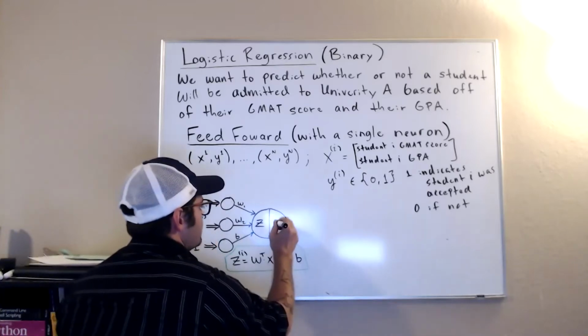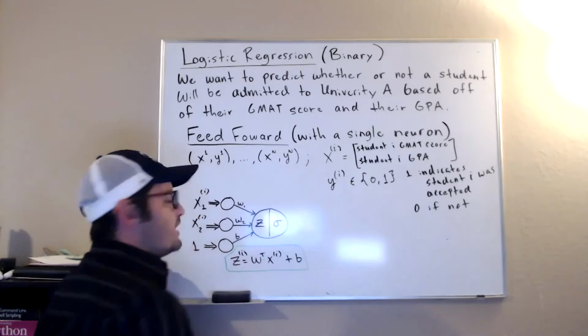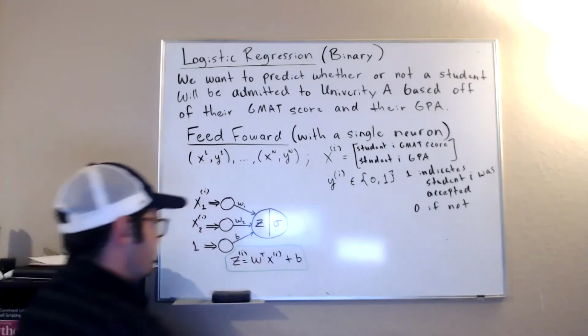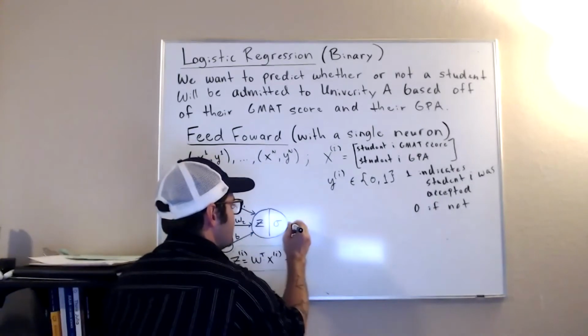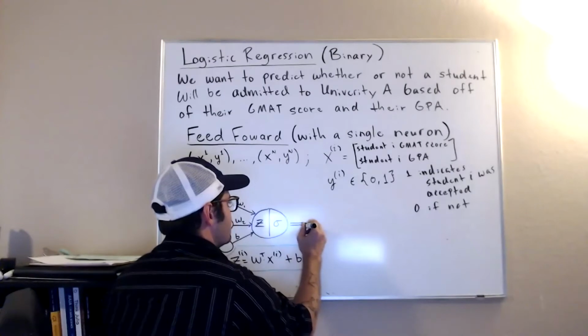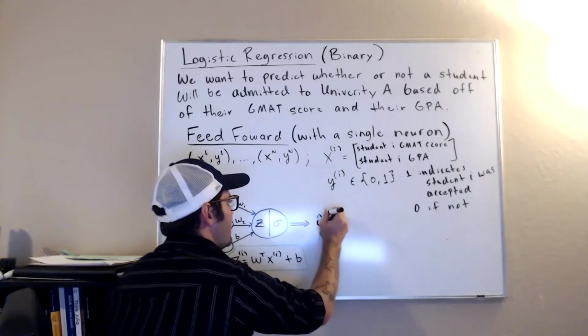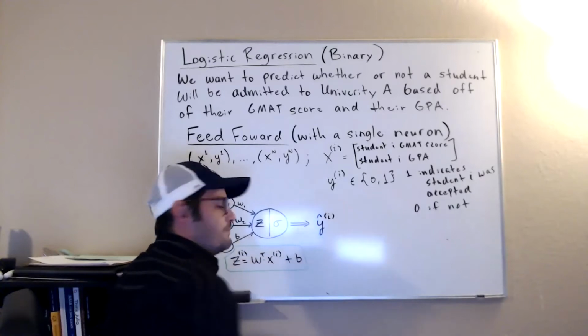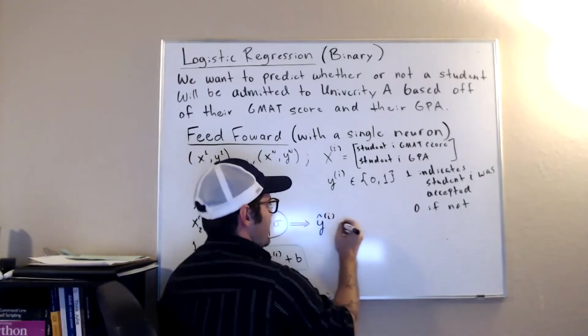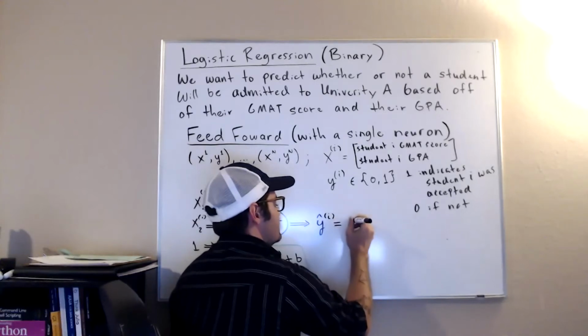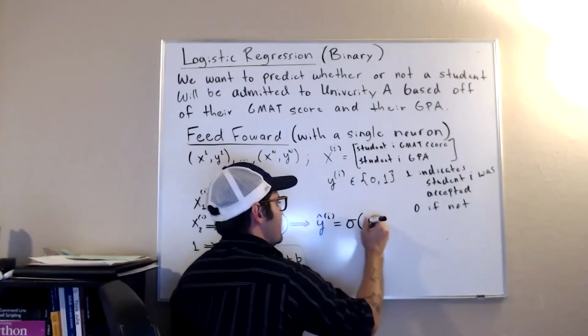And the way that we're going to do that is by using what's called the sigmoid function. And that is going to give us our prediction for the ith input. We'll call that y hat i, and y hat i is the sigmoid function applied to zi.